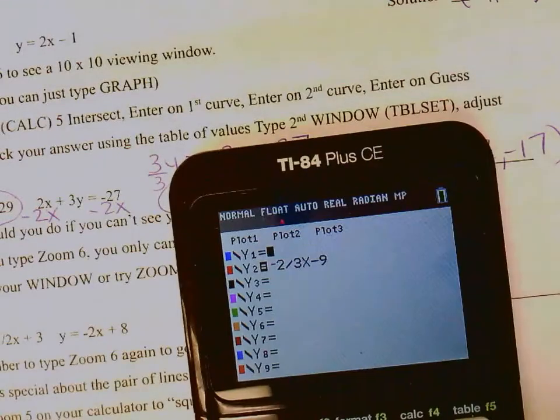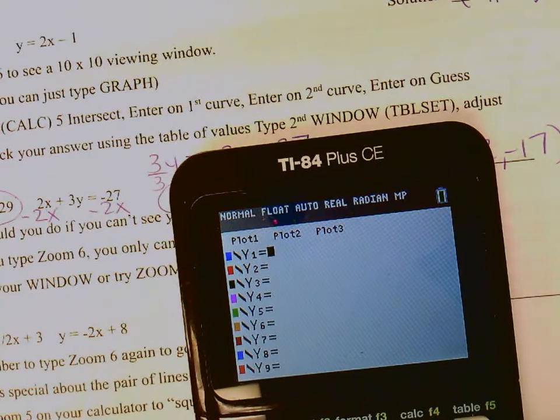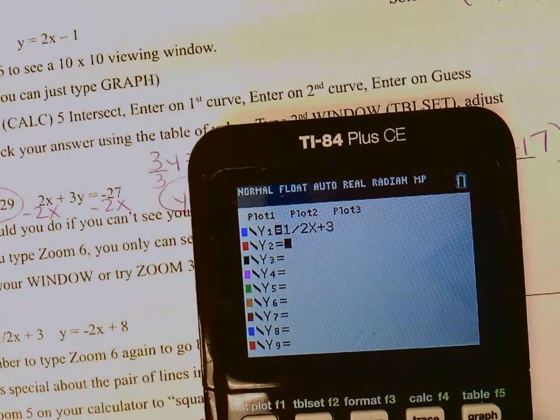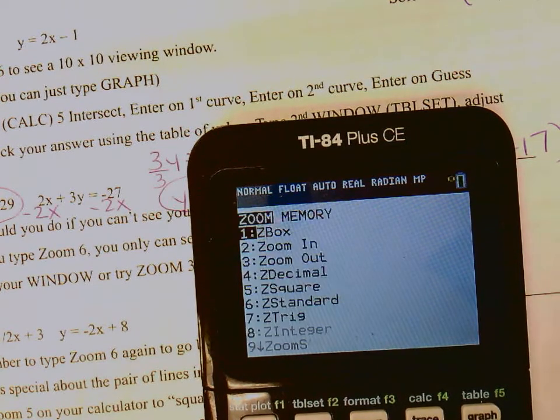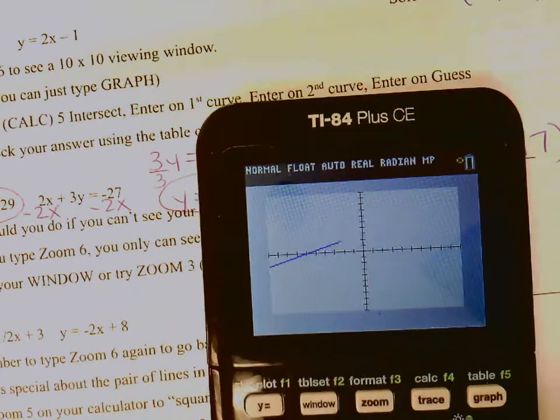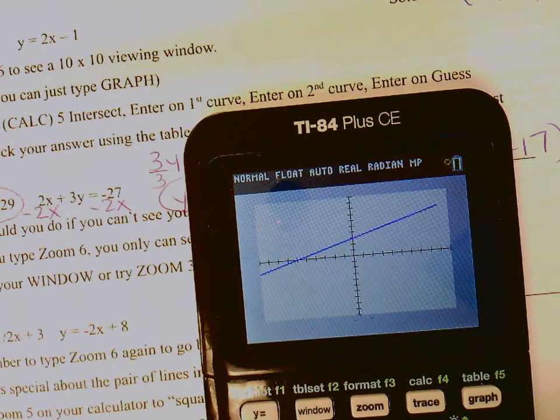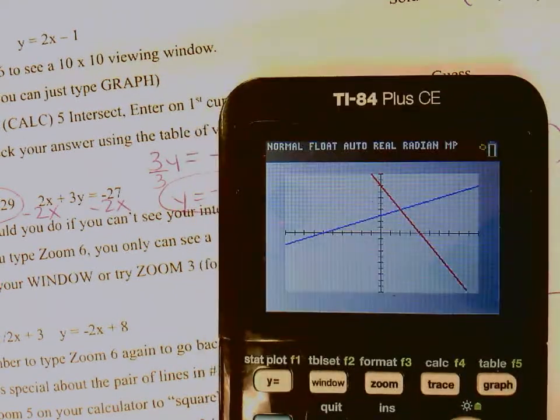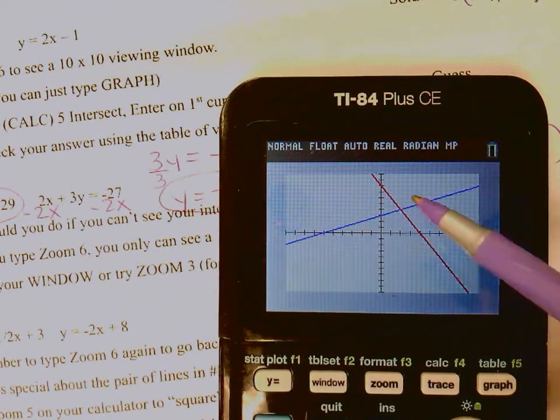So if I'm going to do the third one, it's 1/2 x plus 3, negative 2x plus 8. So if I go back to zoom 6, I can see the intersection point, but they're really looking rather obtuse and acute to each other.